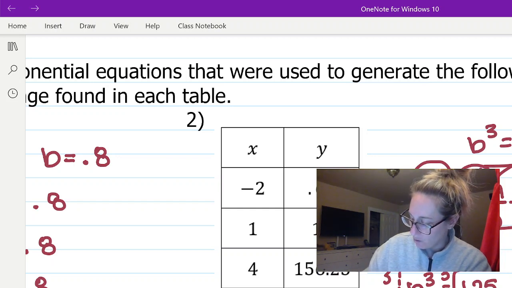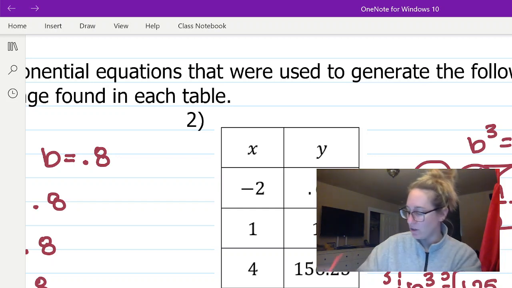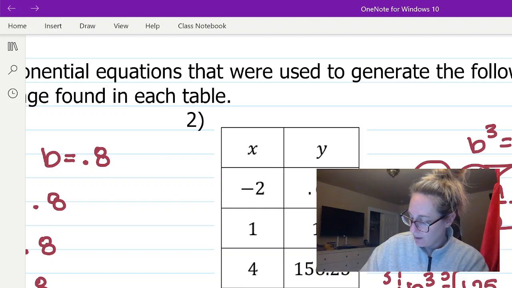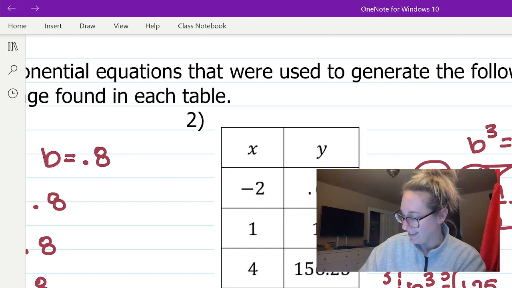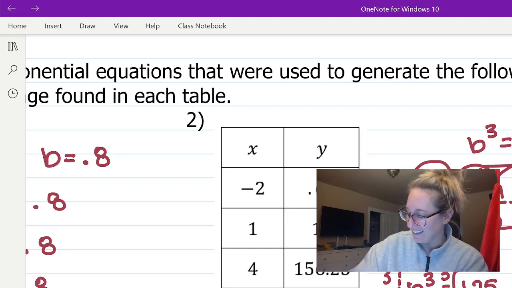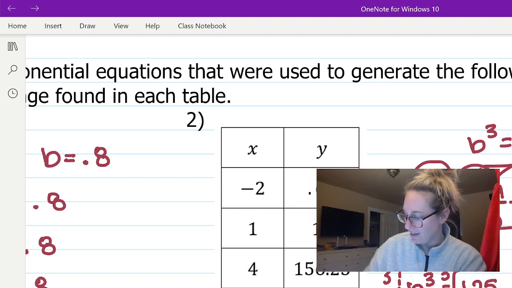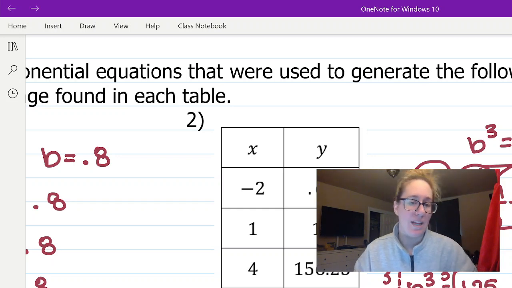We can make this into an equation now. Our starting term is 4. Our base number is 2.5, and it's to the power of x. Now, one thing I would recommend doing is, now that we have our equation, plug in these future x values to make sure that they check out.